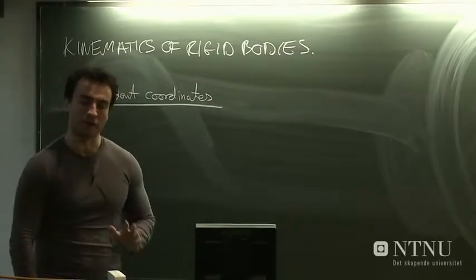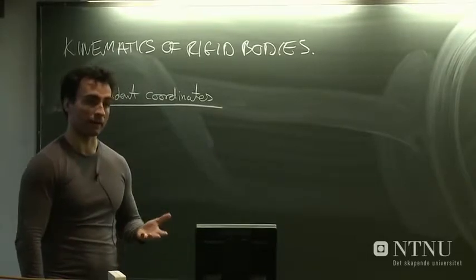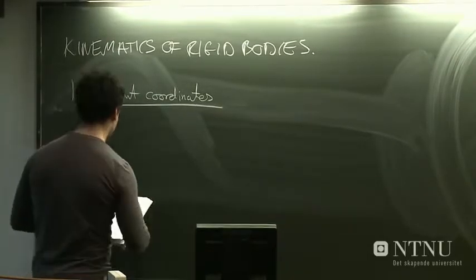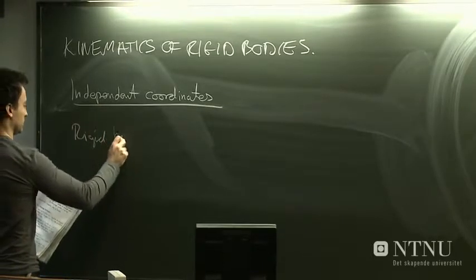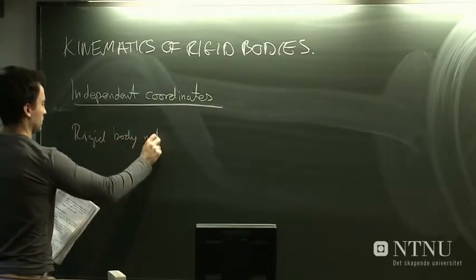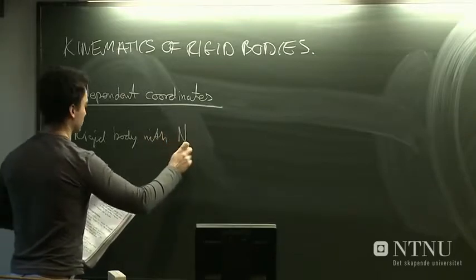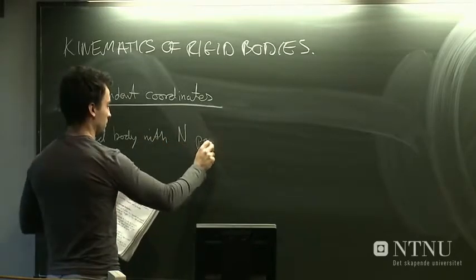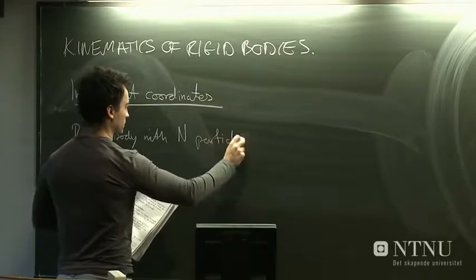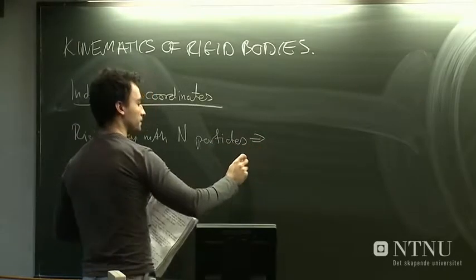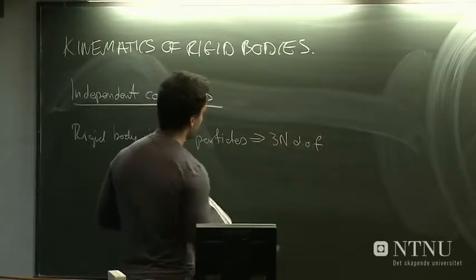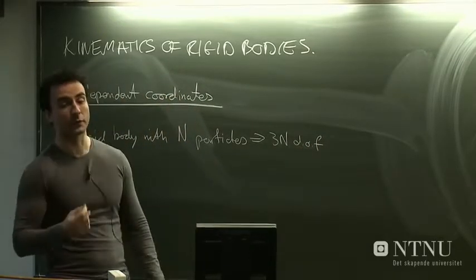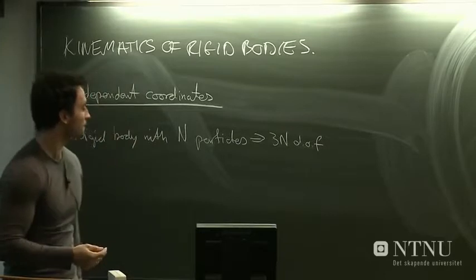If we consider a rigid body which is composed of n particles, in principle we would have 3n degrees of freedom.